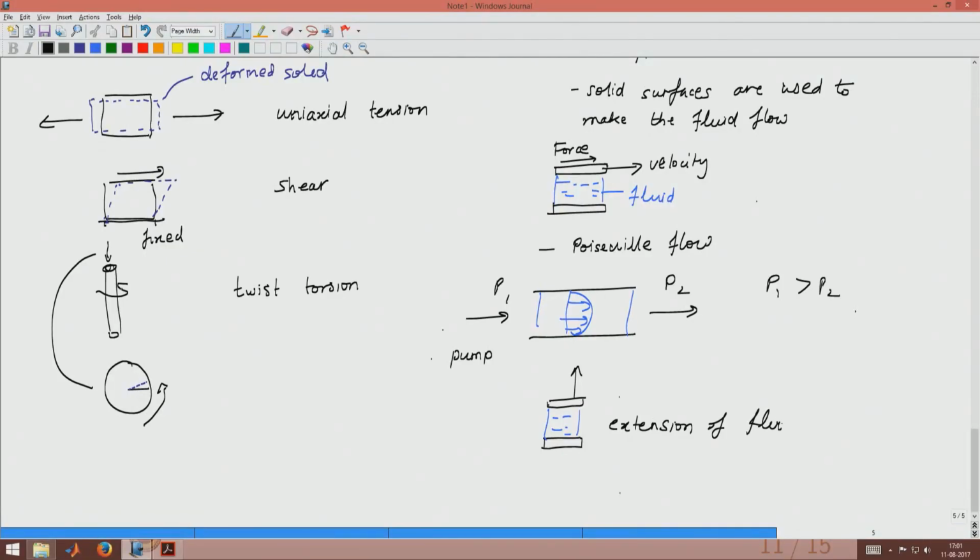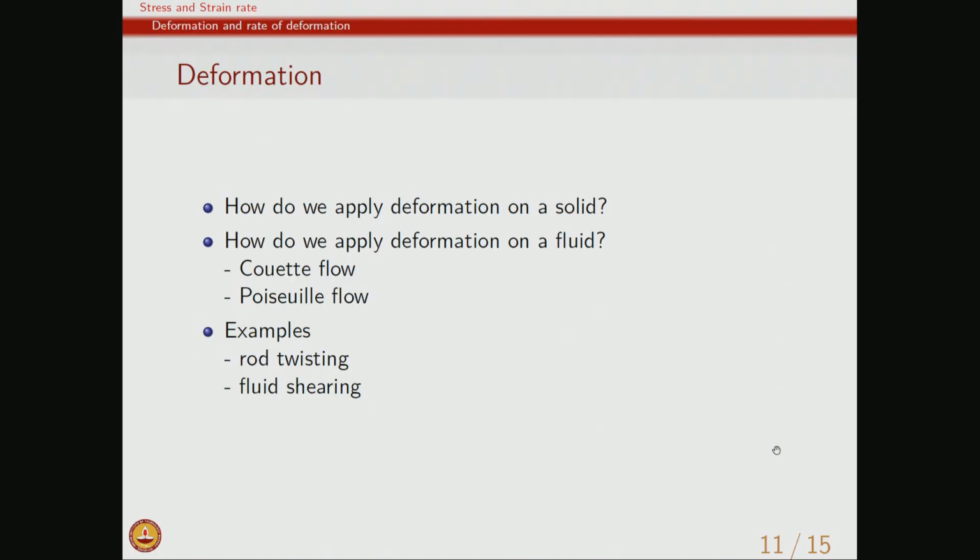So, similar to solids, we can also achieve deformation in fluids. Now let us look at two specific examples. One of them is related to the rod twisting that I discussed, the other is related to fluid shearing.